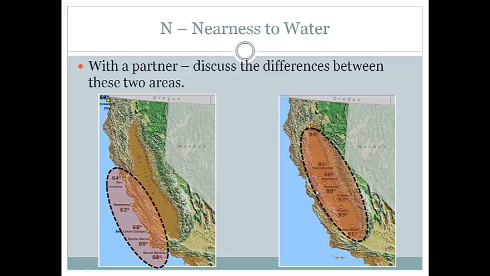However, if we come over here and we look at the temperatures in these areas, in Stockton, it's 86 degrees. That means that coastal areas have a moderating effect, which means that because they're beside water, their temperature does not change as rapidly as it would if you're inside a country or a province.